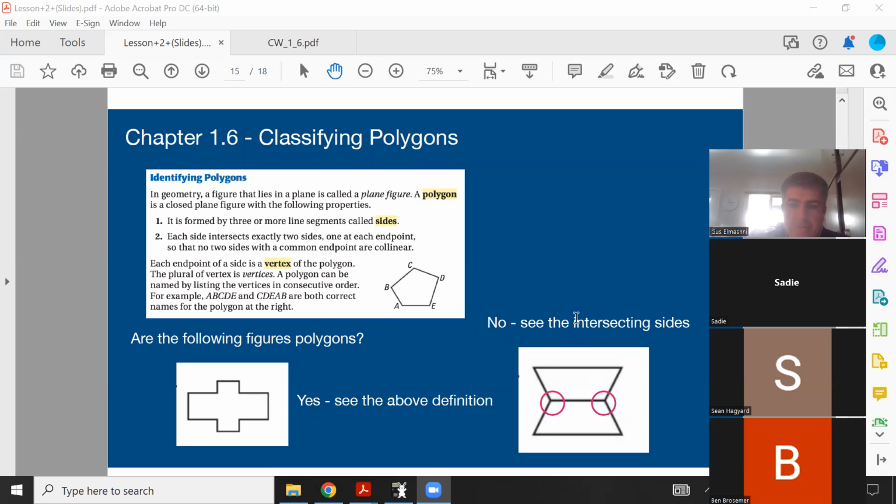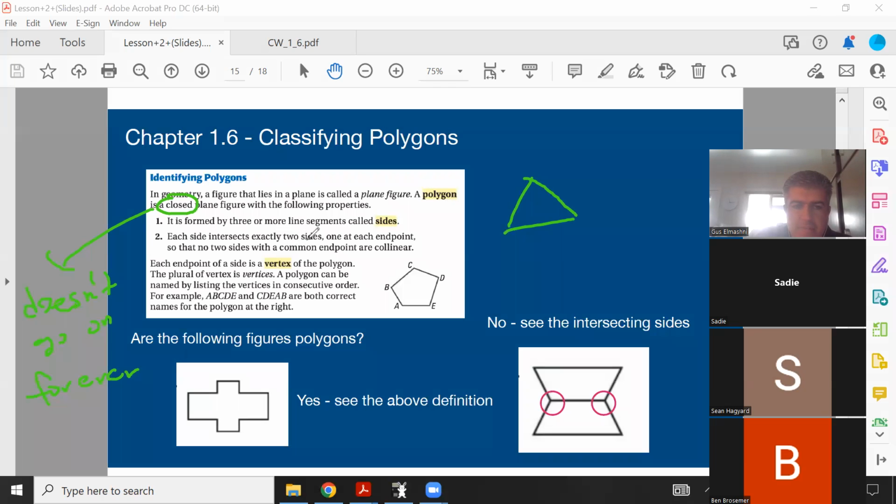It's a closed plane, so it doesn't go on forever. It's formed by 3 or more line segments called sides. A triangle is the most basic polygon we can make, right?